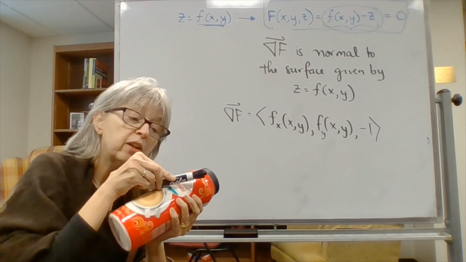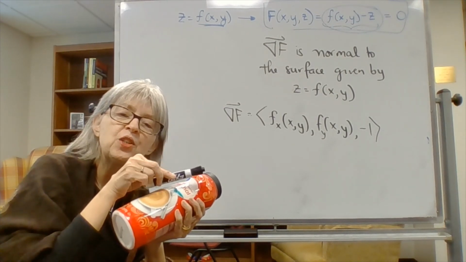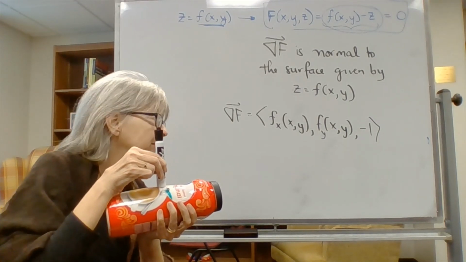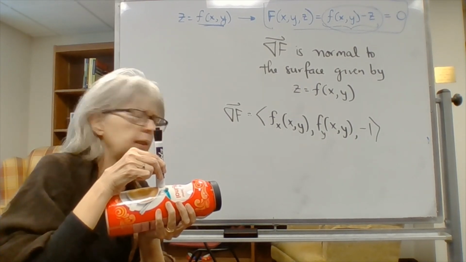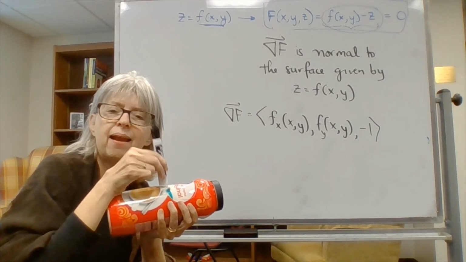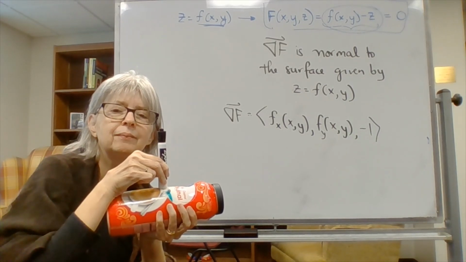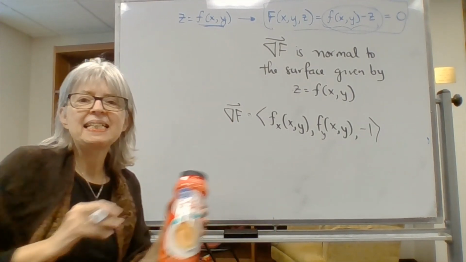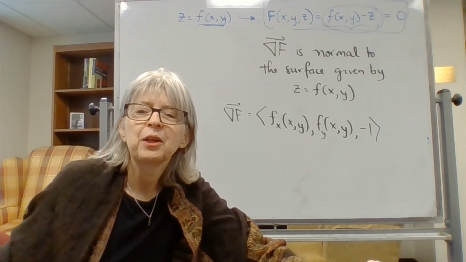It is orthogonal to a tangent vector, which means it's orthogonal to the tangent plane, which means I can use that gradient, or the vector from little f sub x, little f sub y, comma minus 1. And I can write an equation for a tangent plane. Pretty awesome, huh? This is a lot to digest. I understand that. All right, we're going to work with some problems.